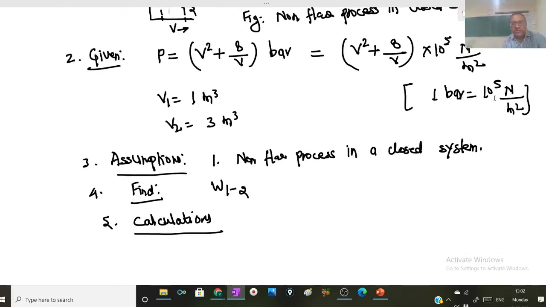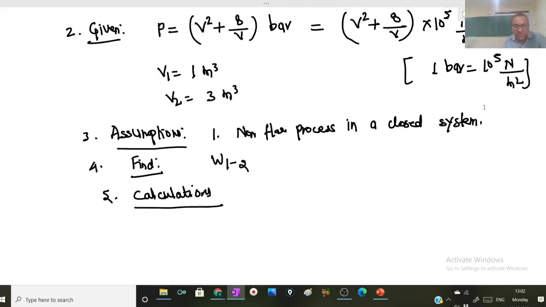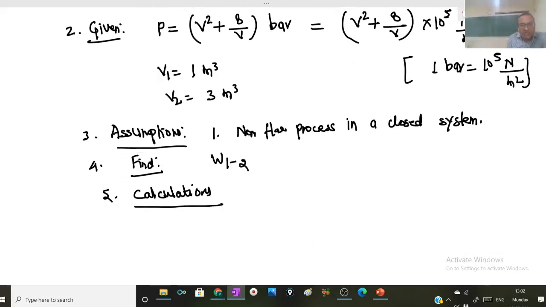Since it is expansion process, work done will be positive. Now we know that work done during non-flow process, work done by the closed system, work done by the quasi-static process, work done by the reversible process or displacement work or PDV work.